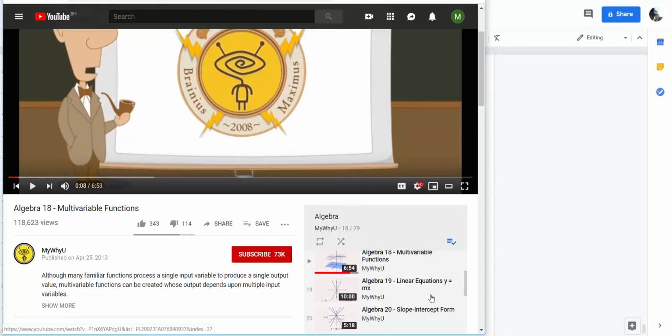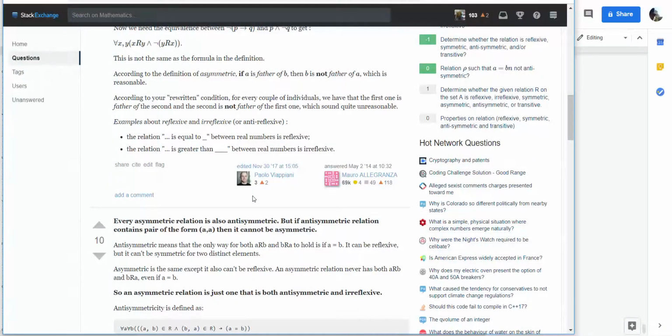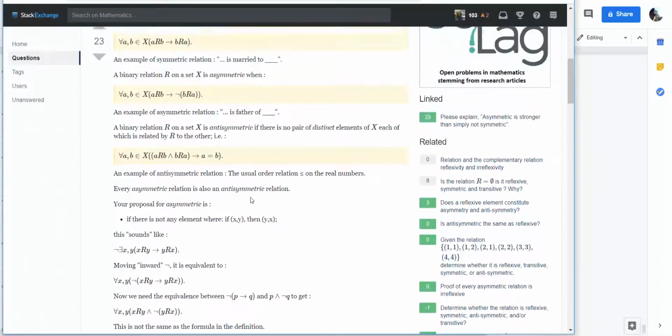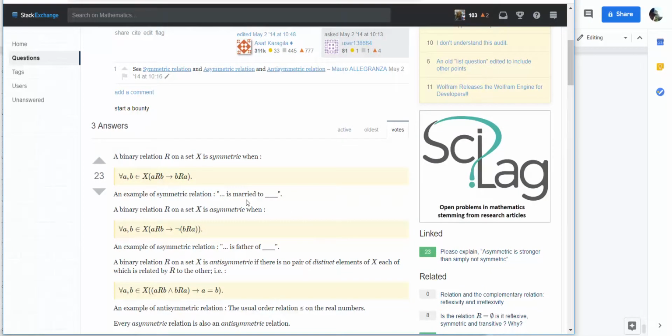So let's try to grasp the difference between asymmetric and antisymmetric, and what it really means. Okay, so we know that symmetric, you could go A to B and B to A, so that's basically a property of what is called an equivalence relation.